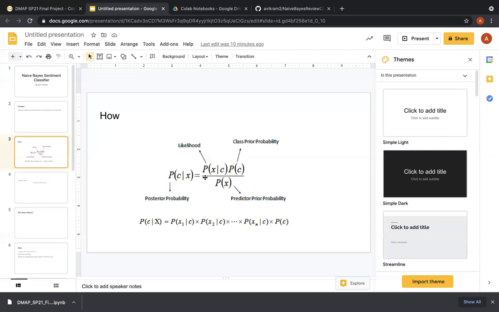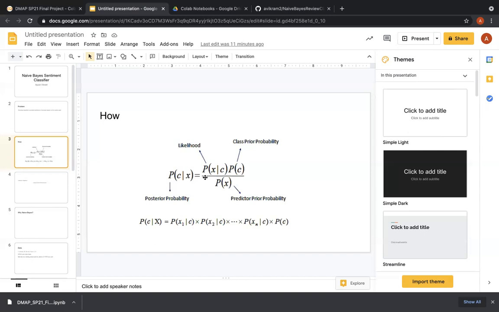We multiply this likelihood probability by the class prior probability of C. The class prior probability is the probability of the class itself. It's called prior because it's usually based on some sort of prior assumption or prior calculation. In our case, the two prior probabilities will be the probability of having a positive review and having a negative review.